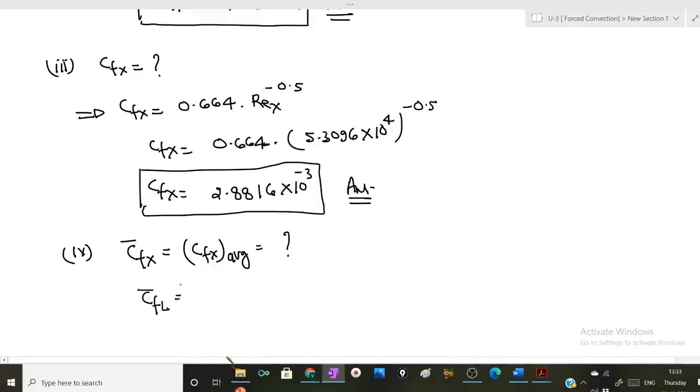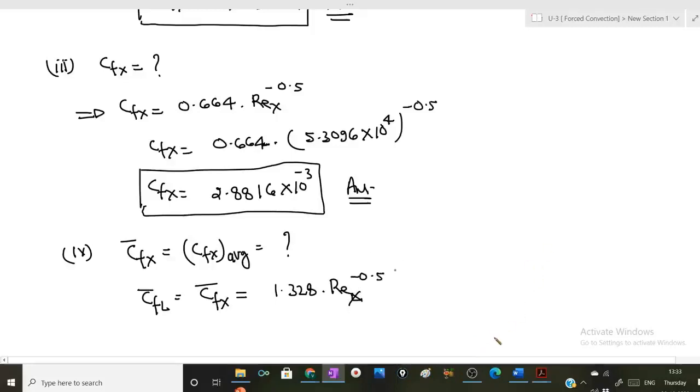L is the distance over which the fluid flow is taking place. In our case, it is x. So this is 1.328 into REL, I will take L as x, raised to minus 0.5.